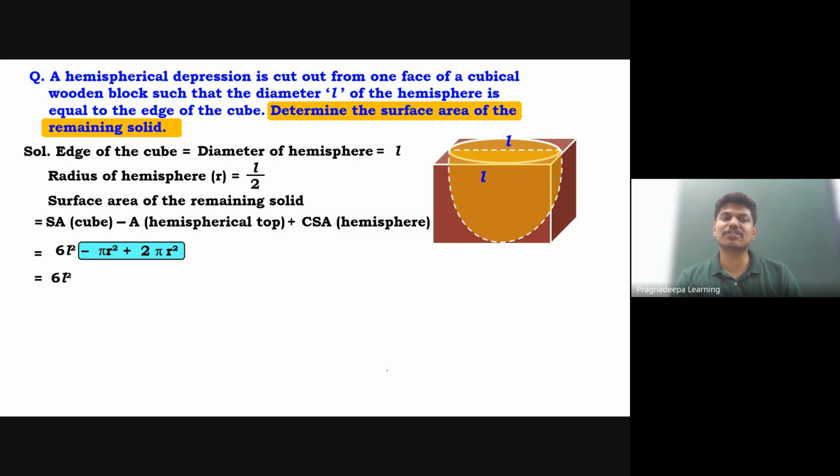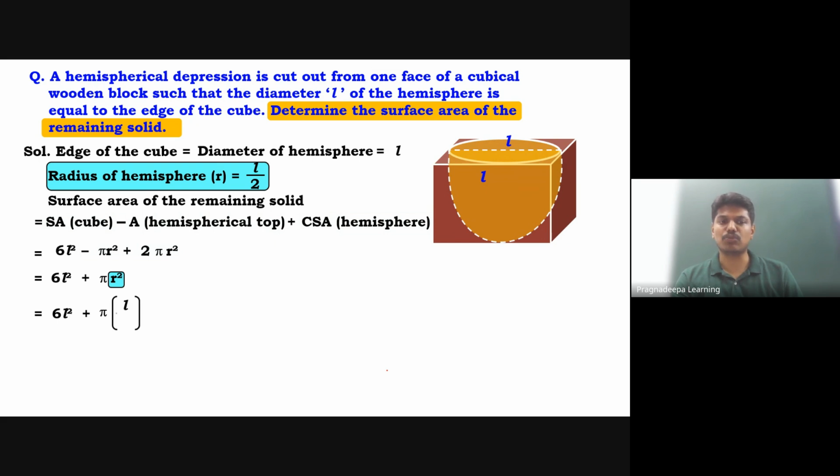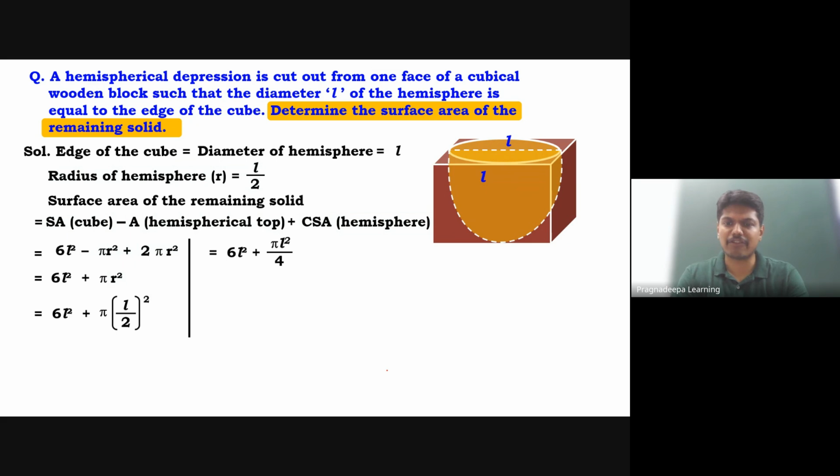So it will be 6L squared plus pi r squared. And we know what r is in this problem. It is L by 2, whole squared. Now simplify. L by 2 whole squared is L squared by 4.